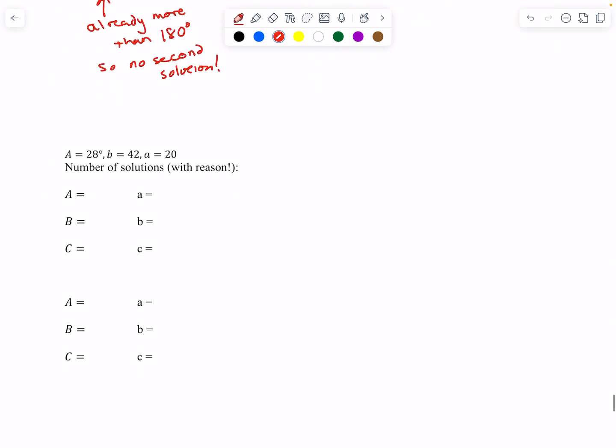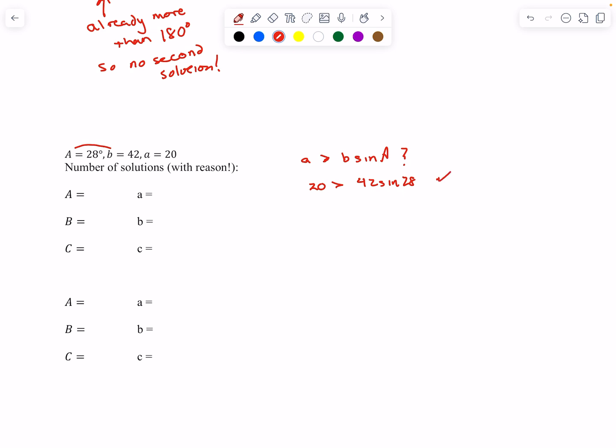Okay, last one. Let's see. I'm so over this. Let's see. We try again the angle with the side that doesn't match the angle. So yeah, it's barely bigger, but it is bigger.